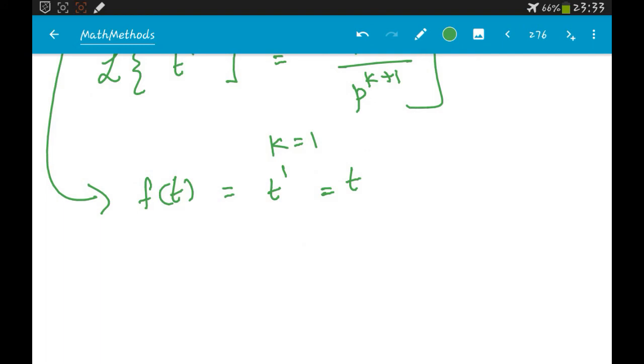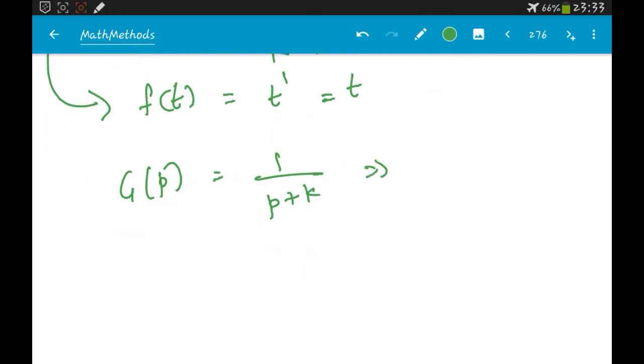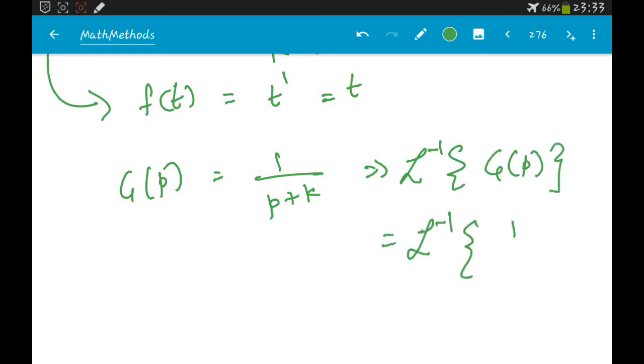And then you have g of p, which is 1 by p plus k, right? Which means that L inverse of g of p is nothing but L inverse of 1 by p plus k, which is e power minus kt. Okay.